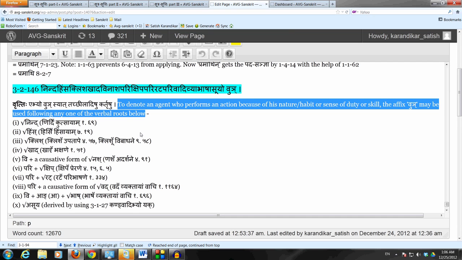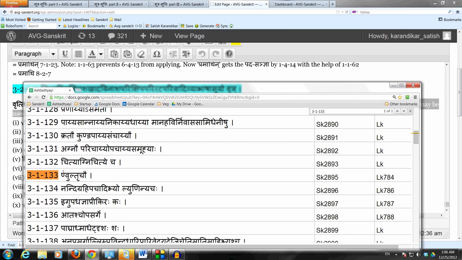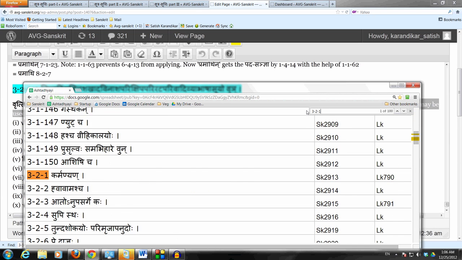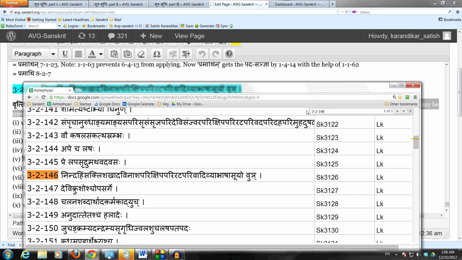Now, one question that comes is that we already have studied the sutram 3.1.133, which is nvul trichau. So the affix nvul is already prescribed by 3.1.133. That's also kartari krit. This affix vi by this sutram 3.2.146 as well as the affix nvul prescribed by 3.1.133, they are both used kartari krit to denote the agent of the action. So now what is the point of prescribing vi again by 3.2.146?